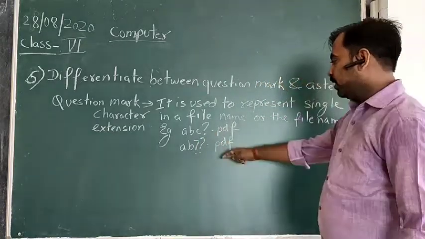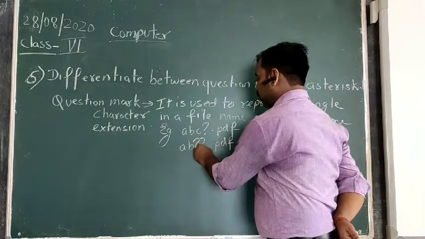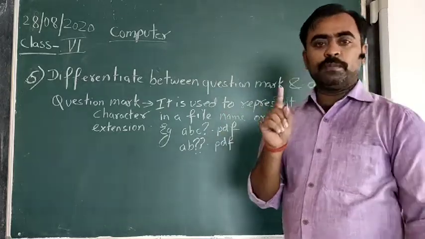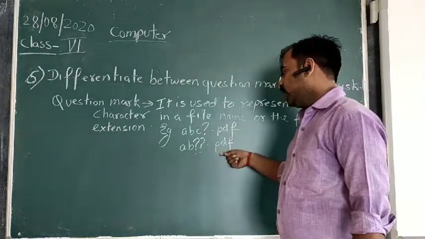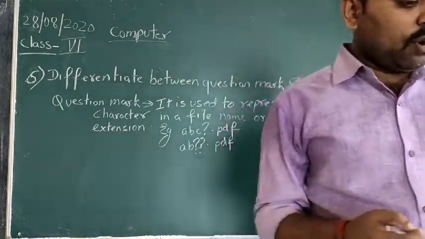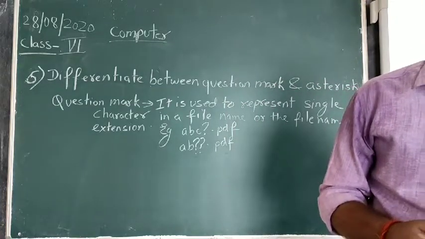These are the two different ways in which you can use the question mark symbol. Each question mark is used to represent a single character either in the file name or in the file name extension.